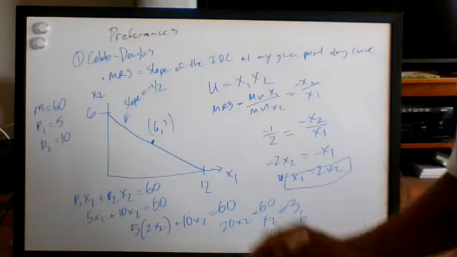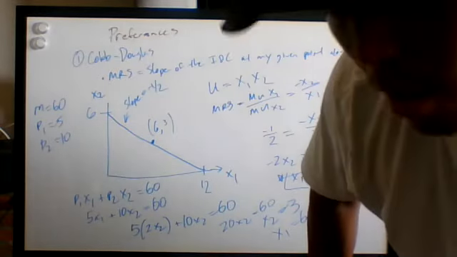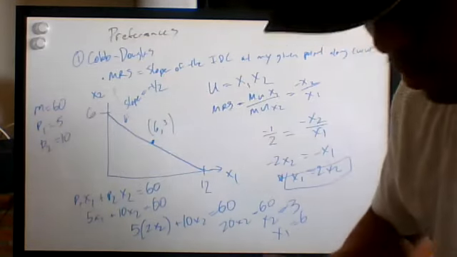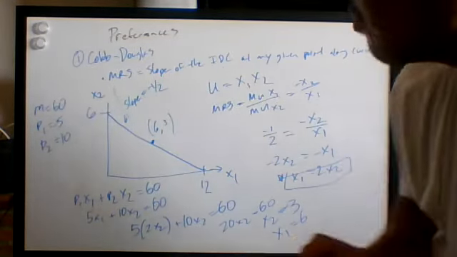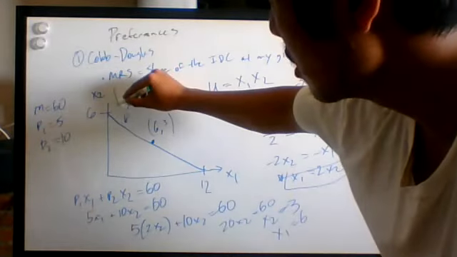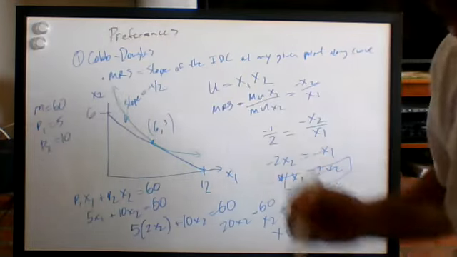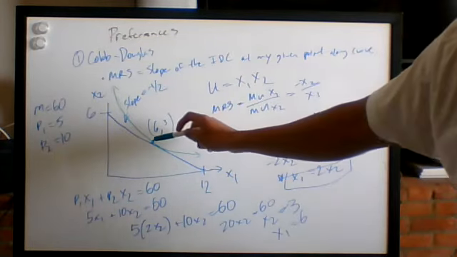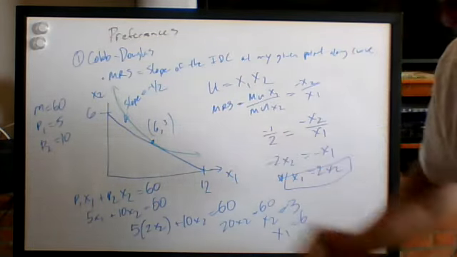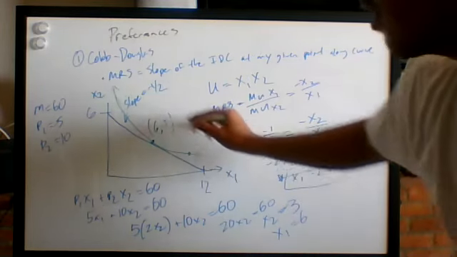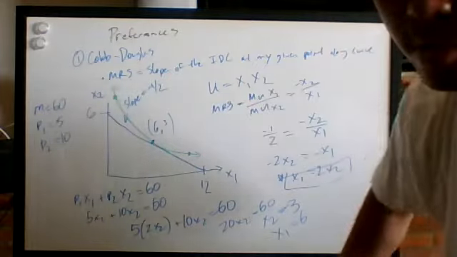I like the way you're thinking about it, but remember the Cobb-Douglas is shaped like this, and I'll use green. Cobb-Douglas is shaped like this, and so essentially the MRS is -1/2, but it's specifically -1/2 at this point right here. So it won't always be -1/2. It won't be -1/2 at this point, and it won't be -1/2 at this point.